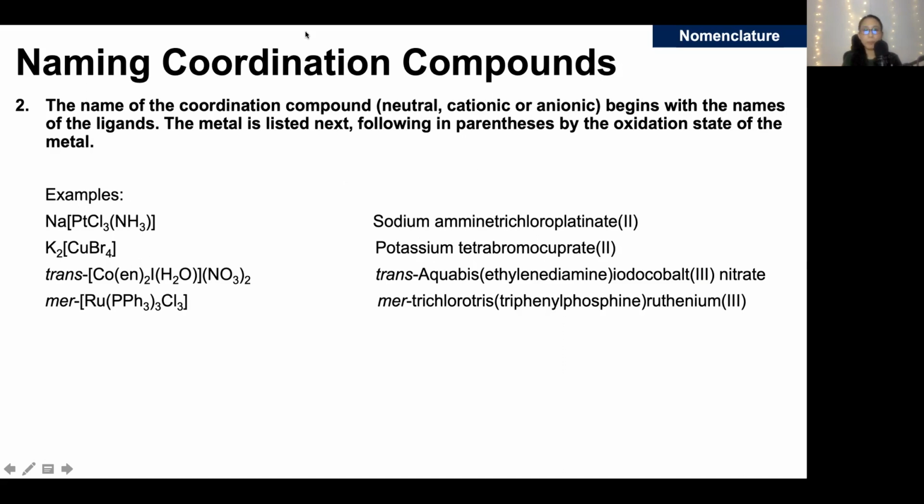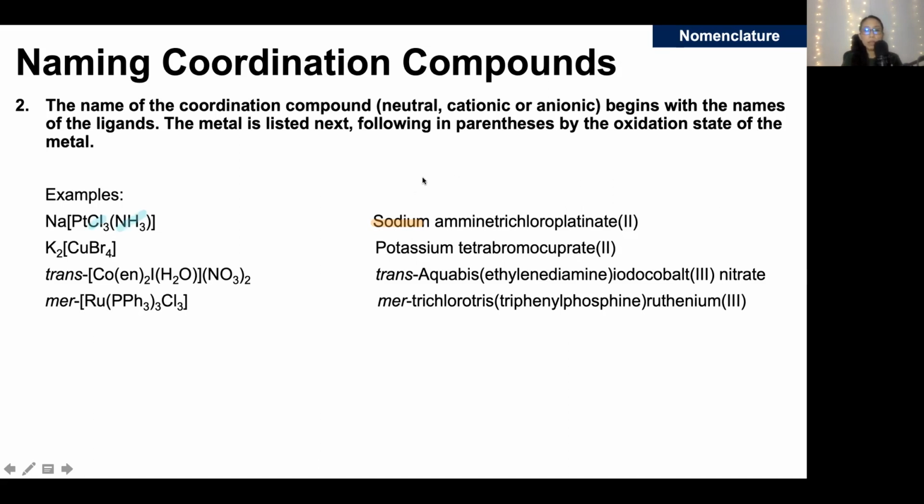So, for example, here we see sodium, that's a cation. So you just write there sodium, space, the name of the complex anion. So you start with the name of the ligands. So what are the ligands of this complex? You have chloride and ammonia.